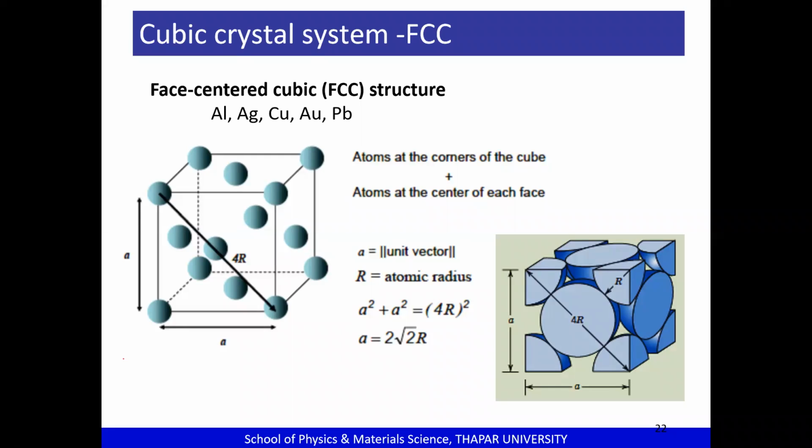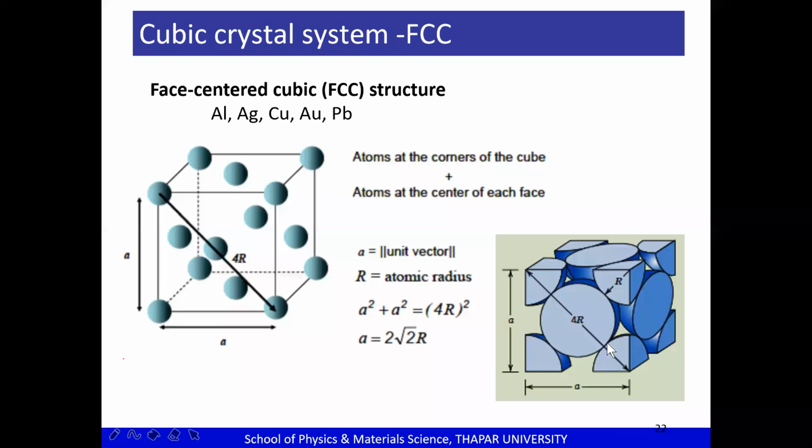So if I use simple geometry where each side is a and a, I can make a correlation between the radius and the lattice parameter a for the face-centered unit cell.